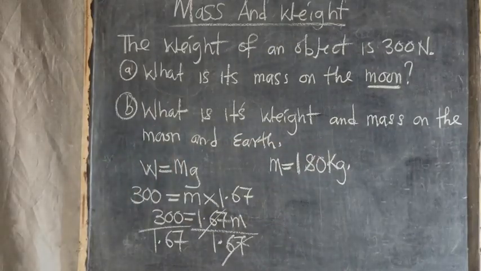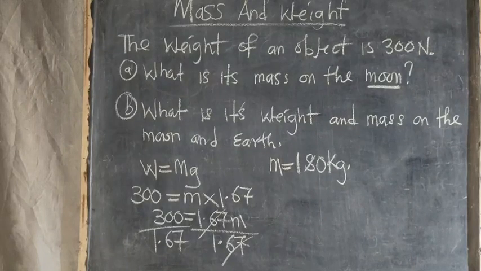This is from Lizzie saying 179.64, so I've just converted it to the nearest whole number, which is 180. So we've calculated 180, and that is the mass that you need to know when it goes to the moon.